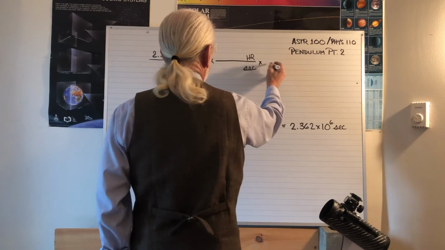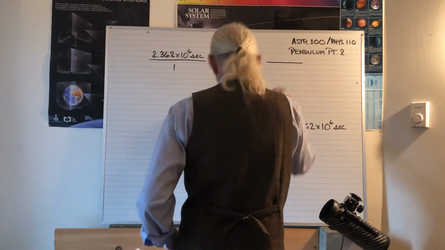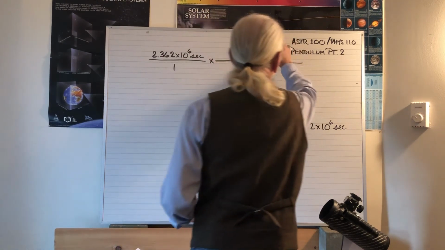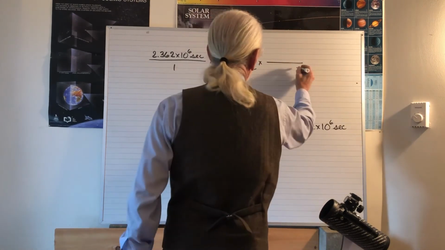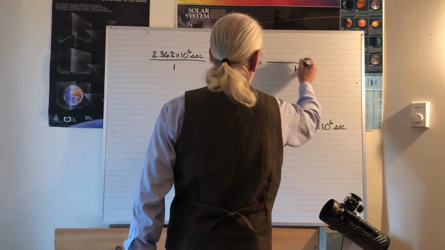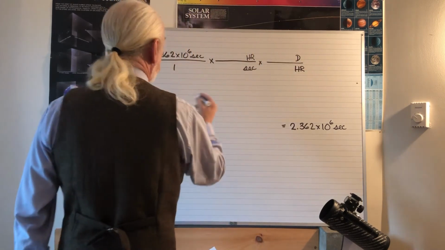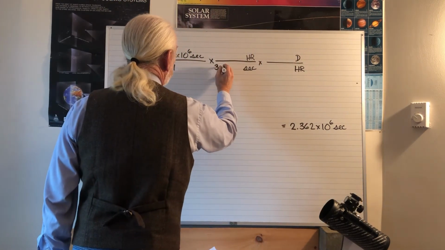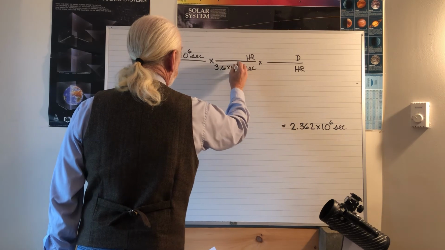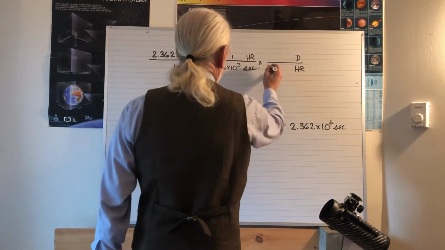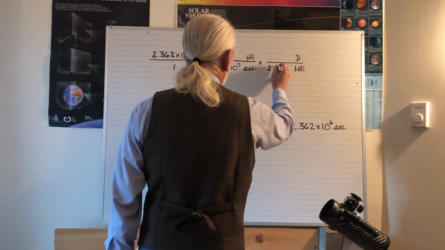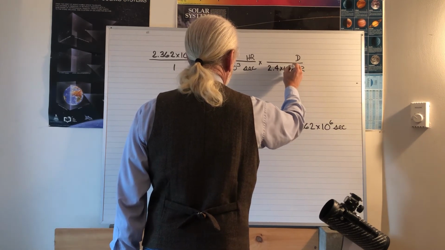And then I'll set up to cross cancel hours, and replace hours with days. 3.6 times 10 to the 3rd seconds makes 1 hour. 2.4 times 10 to the 1st hours makes 1 day.